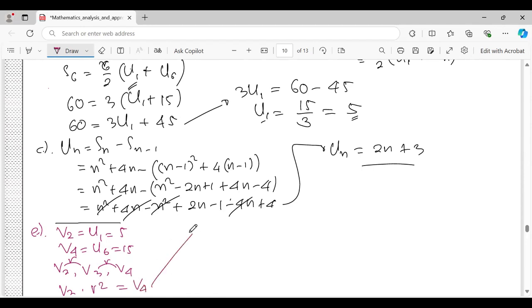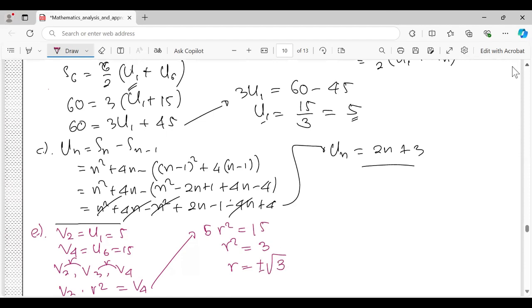And then V2 is 5. 5 R squared equals V4, 15. So R squared equals 3, 15 divided by 5. So R equals plus or minus root 3. So the ratio is plus or minus root 3.